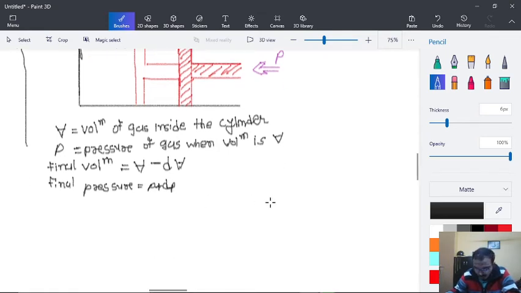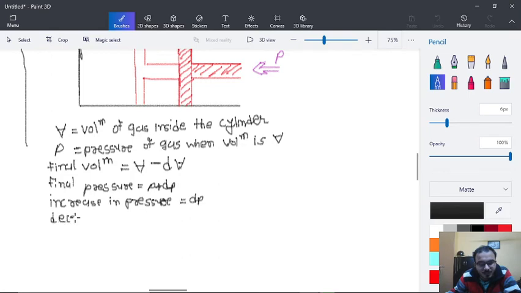So we have an increase in pressure as dP and a decrease in volume equal to dV.